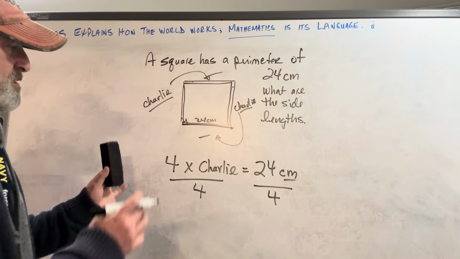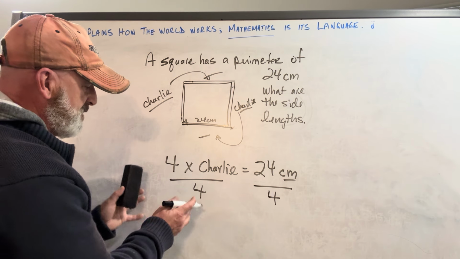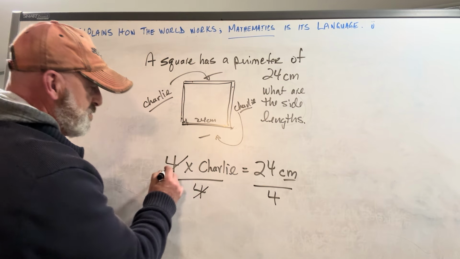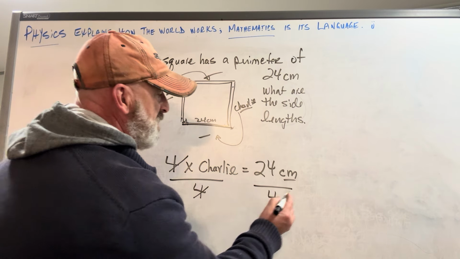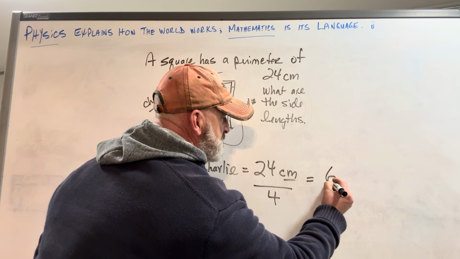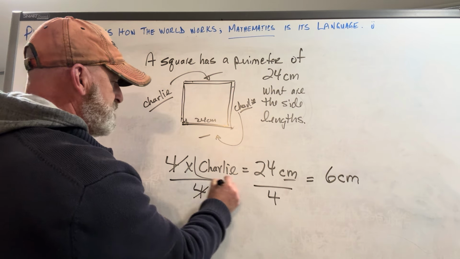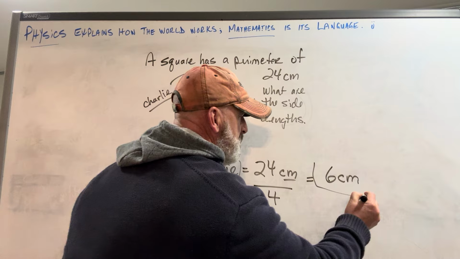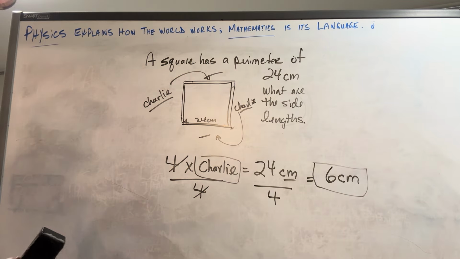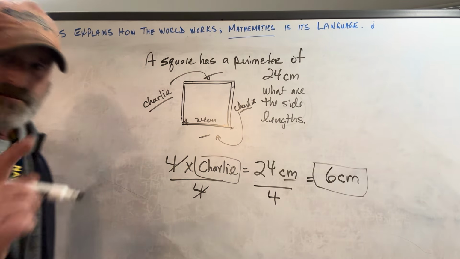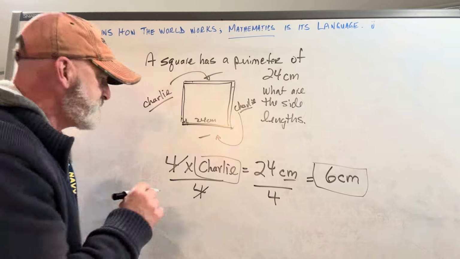So 4 times Charlie divided by 4, well, the 4's reduce. And 24 divided by 4 is 6 centimeters. So for every Charlie, it's 6 centimeters.